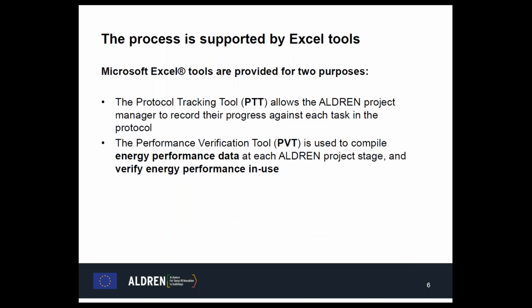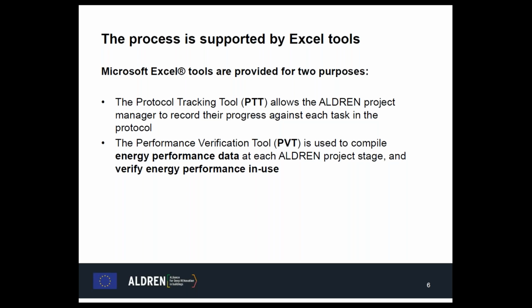The two tools that are provided are both constructed in Microsoft Excel. We've tried to make them quite easy to navigate and quite intuitive. The first tool is the protocol tracking tool, which is a project management tool so that the person managing the ALDREN process can record their progress against each task as they work their way through the different project stages. So it's quite a simple one.